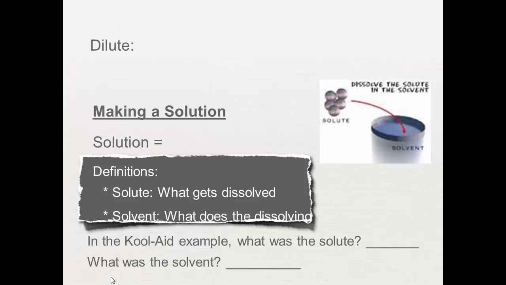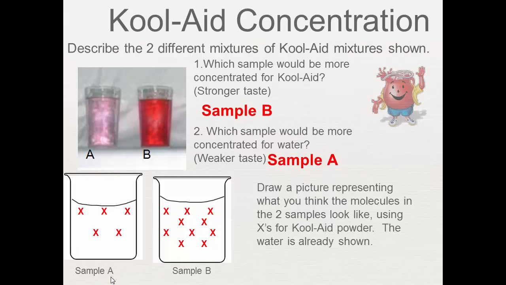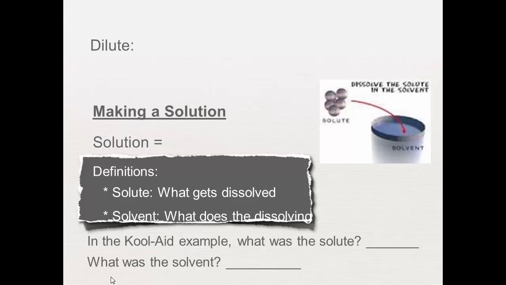Now we have some terms to be familiar with. Dilute. If you have this cup of Kool-Aid and it's too strong, too sweet, you could dilute it, which means add some water to it, which makes it a weaker solution. It's not as concentrated anymore.